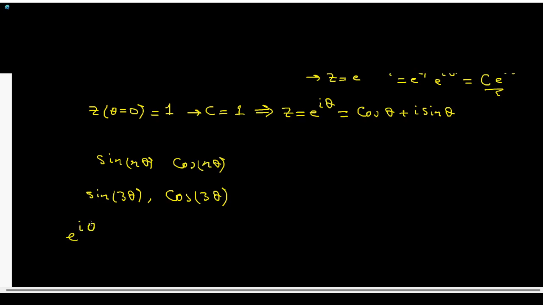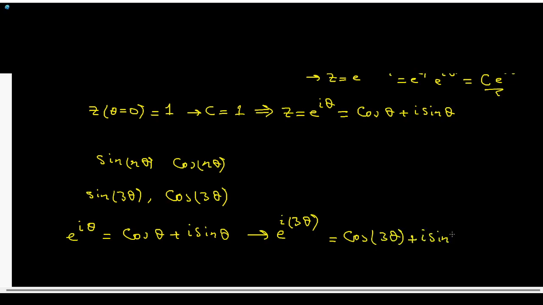We know that e to the i theta is cosine of theta plus i sine of theta. If we just change theta to 3 theta, we get e to the i times 3 theta equals cosine of 3 theta plus i times sine of 3 theta.